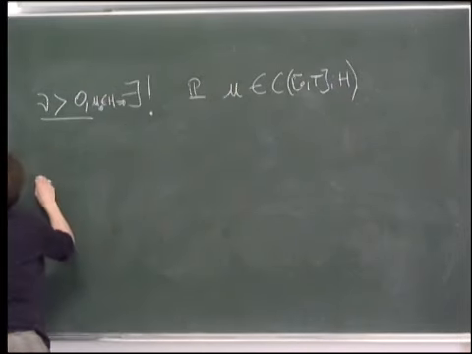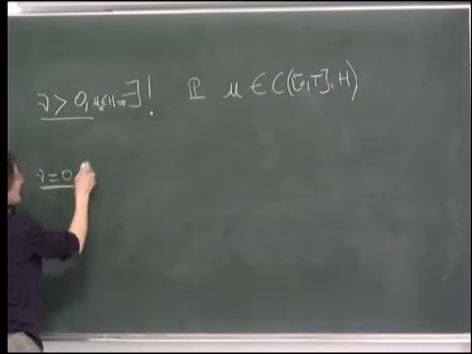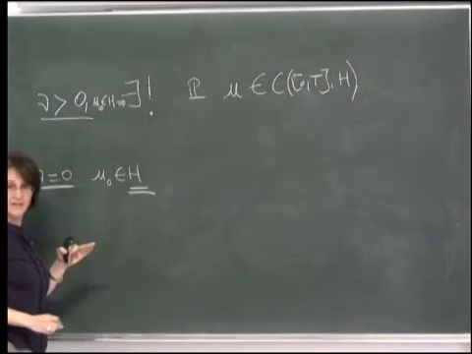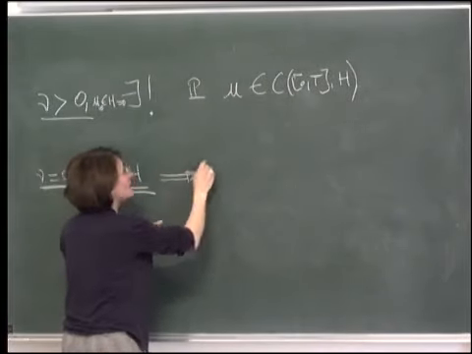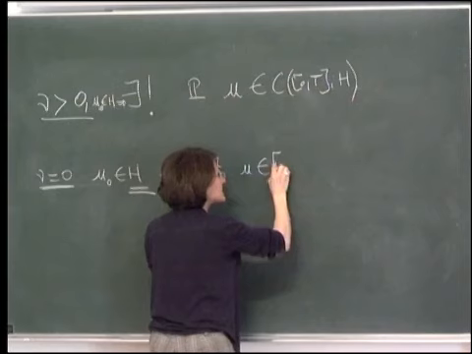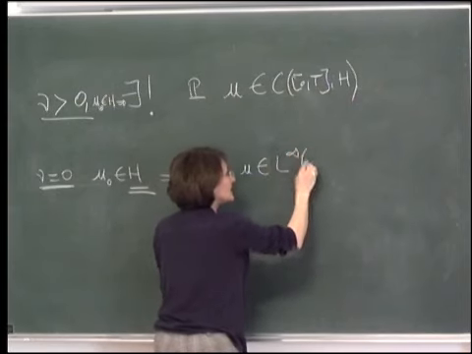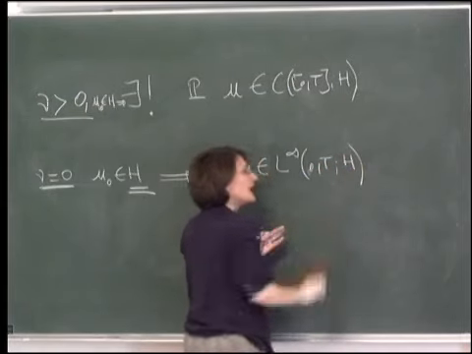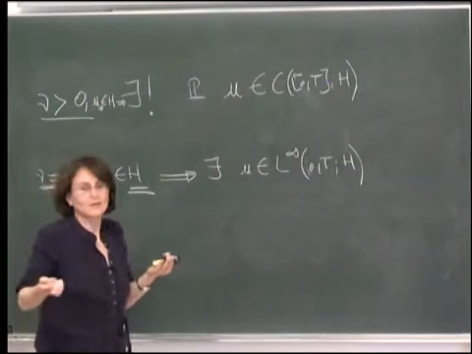When nu equals 0, if I start only with u0 in H, I can still have the existence of a global solution u which is in L infinity on 0 to T with values in H. I don't know if it is continuous, it's a problem.